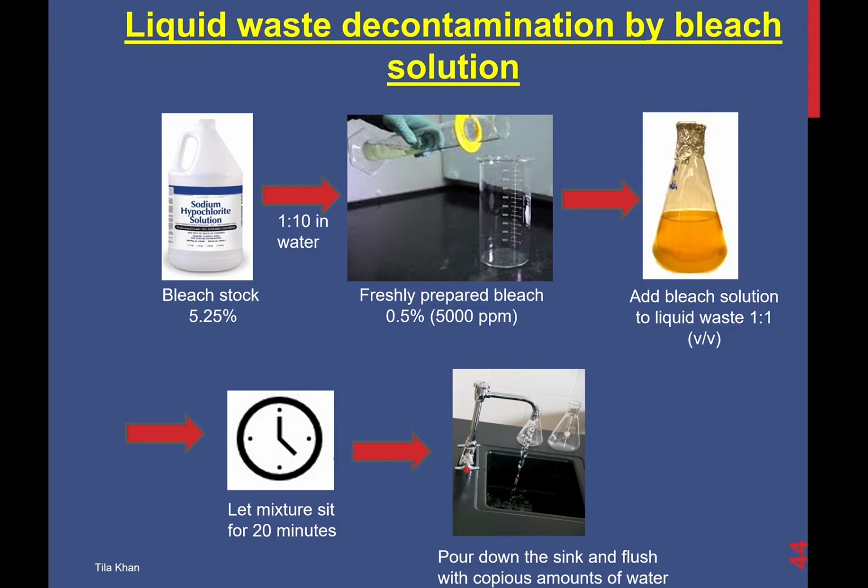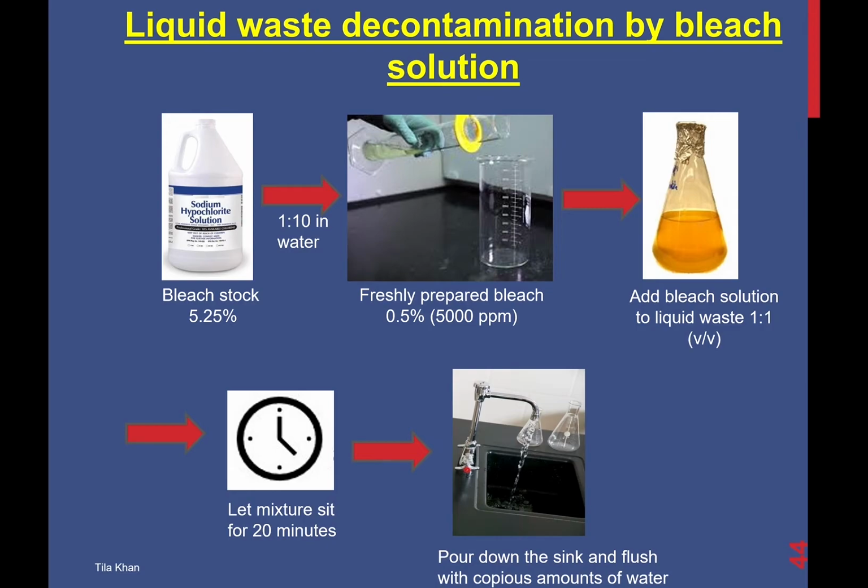So what we do is we freshly prepare a solution of bleach. If our stock is 5.25%, we make a dilution of 1:10 in water, which comes to around 0.5% or 5,000 parts per million. So if you have a stock of 4%, you have to dilute it to make it 0.5%, and this 0.5% freshly prepared bleach solution is added to liquid waste in a 1:1 proportion.